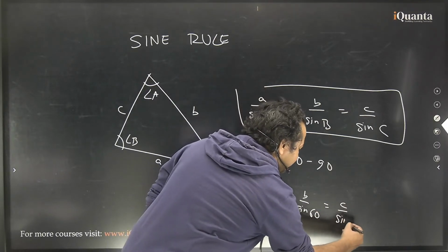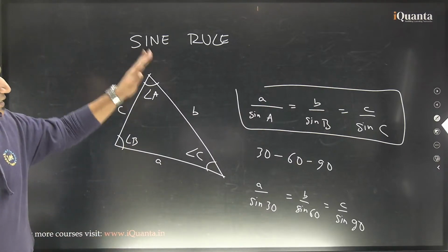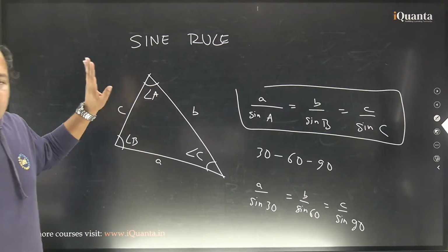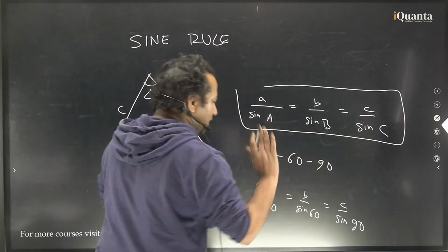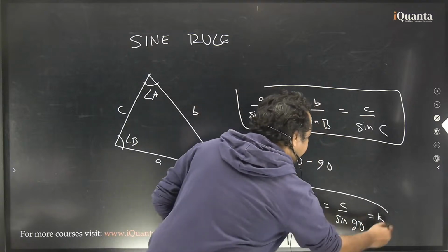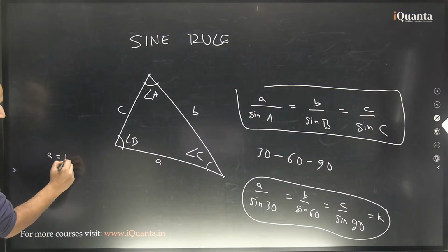Like in my case, when I was a student, I was never able to remember the formula. I always derived something. These are not formulae, these are basically generalizations. So to solve this, I can put this equal to k, which we do in normal questions of ratios, and the value of A will be k sine 30.